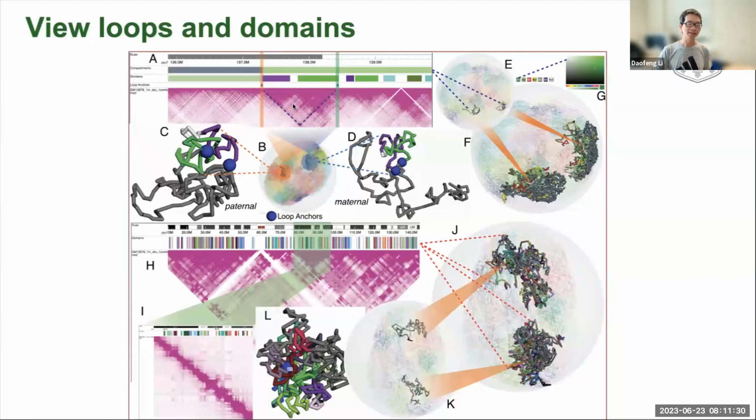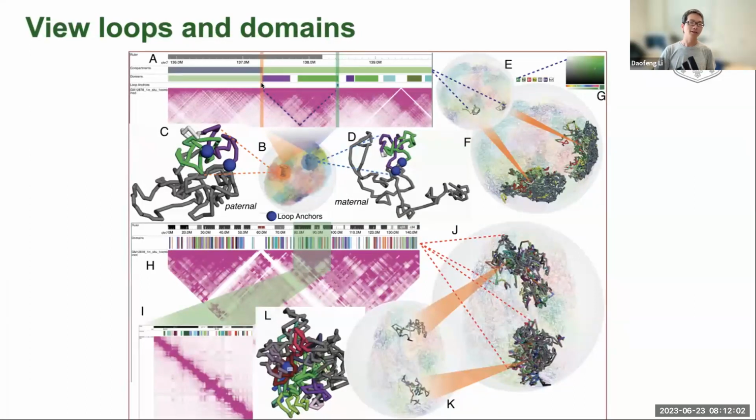Then there's HiC data here, where you can see a loop indicated by this rectangle here. And then if you go to the same 3D structure and the same part of the loop, which is enlarged here in the left part, you can also see the corresponding 3D structure, from maternal, corresponding to this HiC loop.